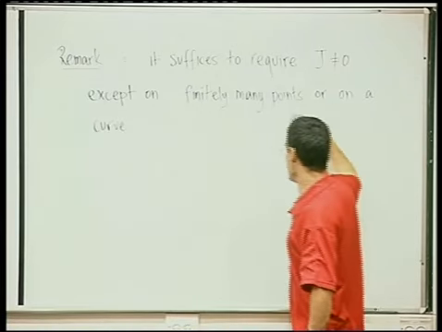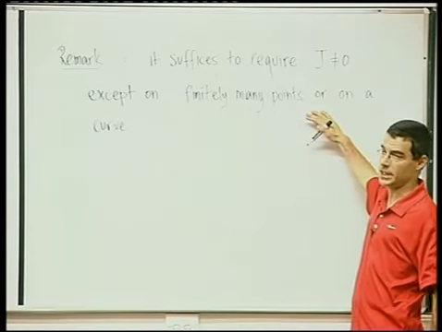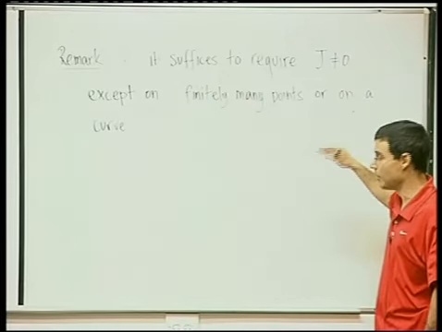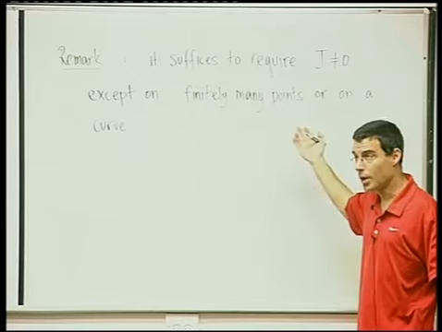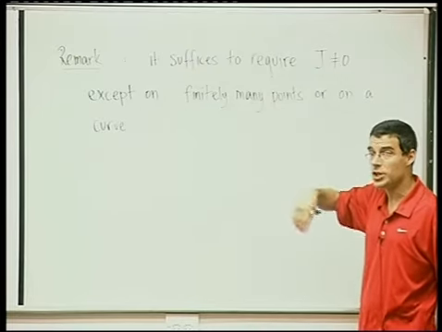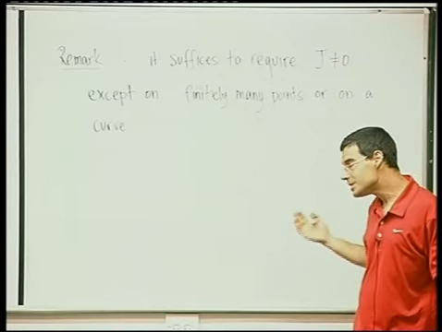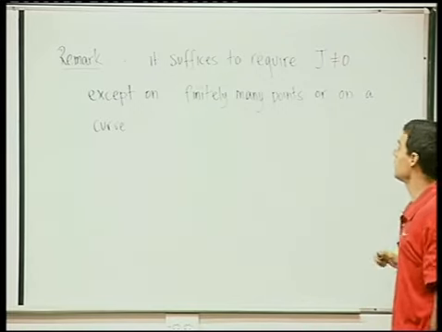So there's a more precise way of stating this. You can allow J to be 0 on a domain which has what's called 0 area. Okay, but we didn't define that precisely, so I don't want to say it precisely.